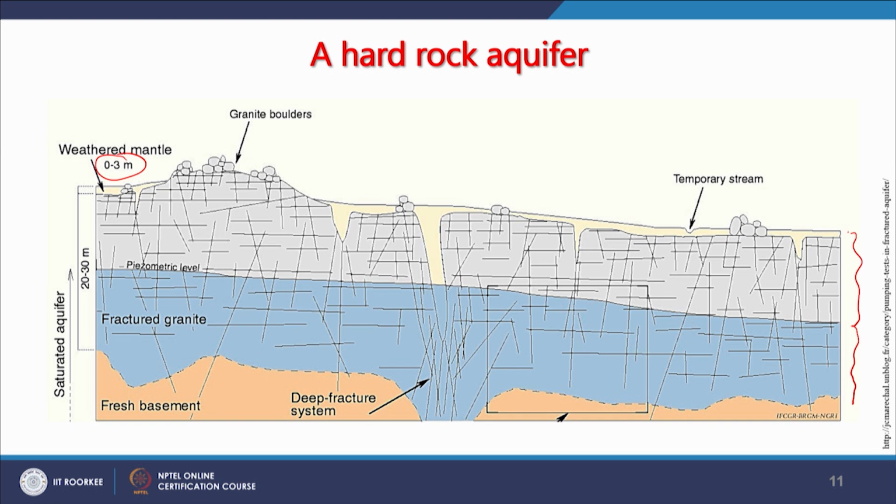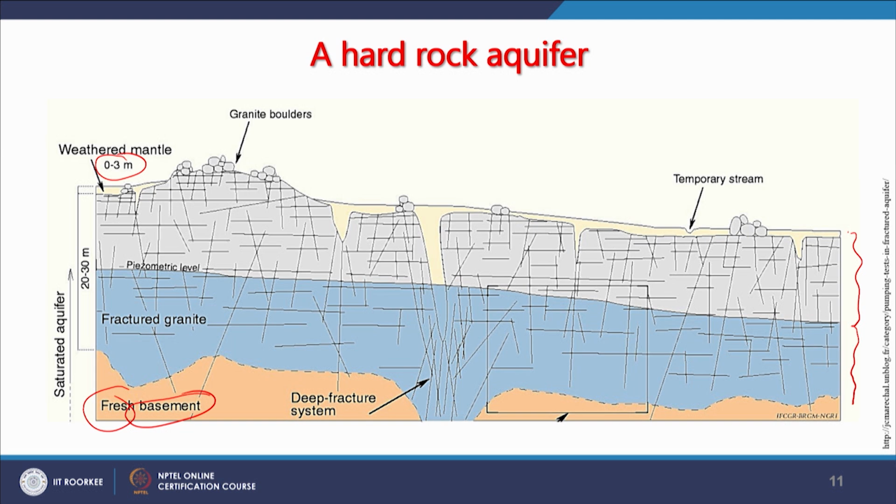Below that layer you have the basement rock, or you can say, though it is written fresh basement, it is not exposed to the atmosphere, therefore there is no weathering, no fracture, nothing. It will work as a completely aquifuge, and therefore you do not have much space left to store the water.